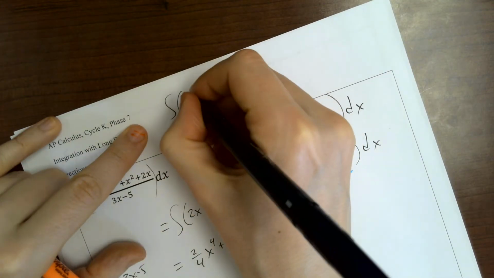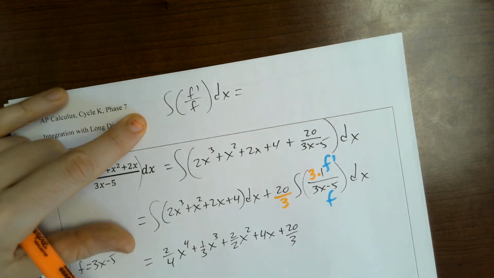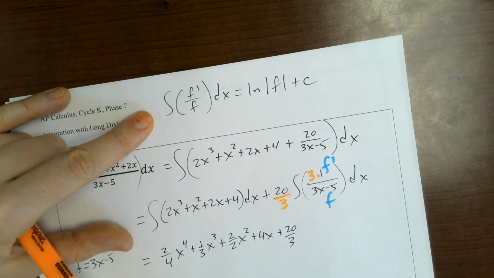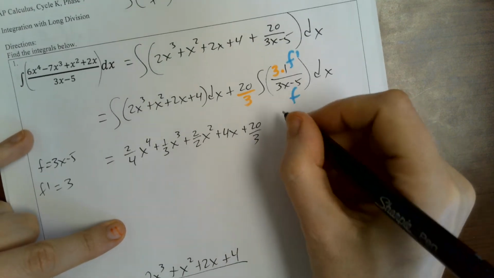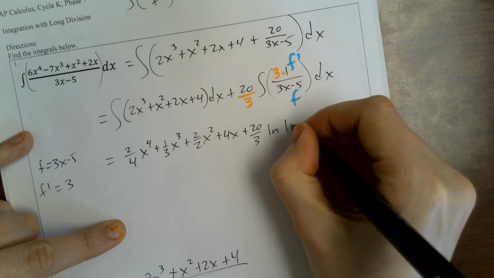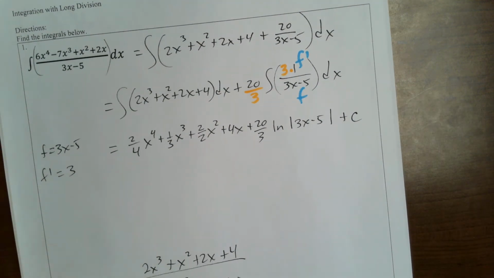Now the F prime over F formula says if you're doing this antiderivative, it's the natural log of the absolute value of the denominator plus c. And we've got to know that formula. So when I do the antiderivative of this part, it's natural log absolute value of 3x minus 5, and then plus c. You need the plus c, guys.